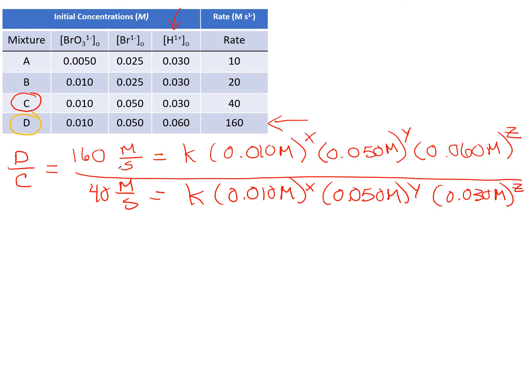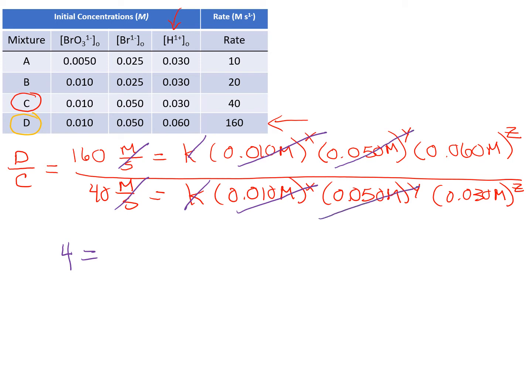So we have molar per second cancels. My 160 divided by 40 is a 4. My 2 rate constants, K, will cancel. My 0.01 molar for the bromate ion raised to the X can go away because it's exactly the same. For the bromide, 0.05 raised to the Y will go away.